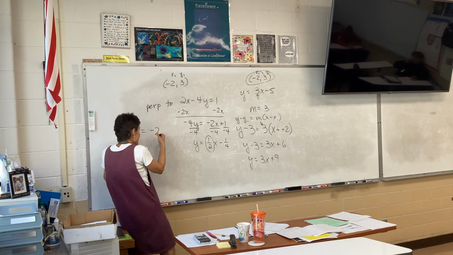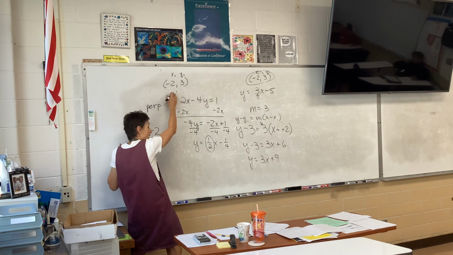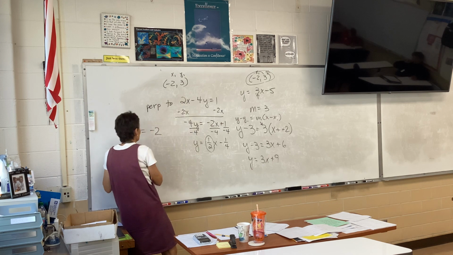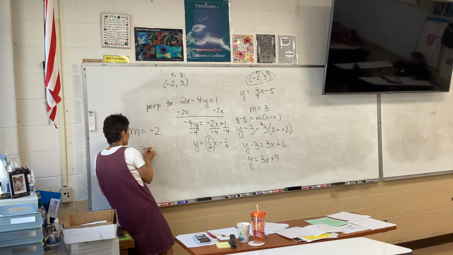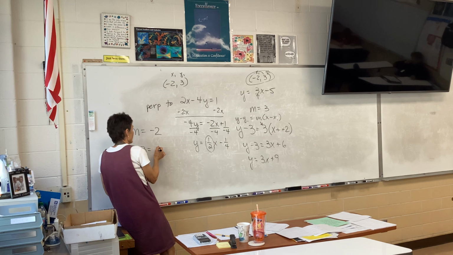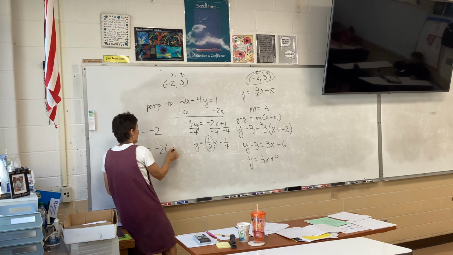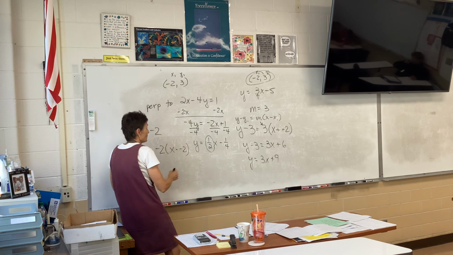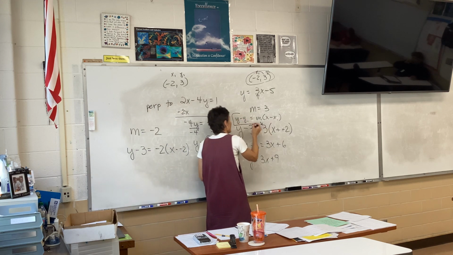So now I have my slope. They gave me my point. So y minus 3 equals negative 2 times x minus negative 2. Remember, I'm doing it with point slope.